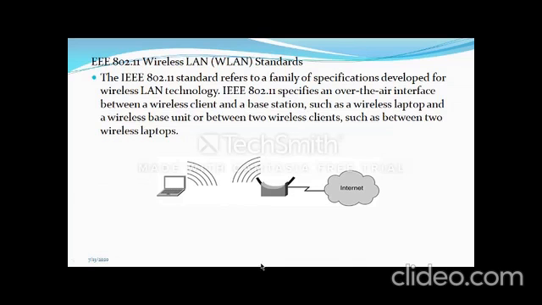It refers to a family of specifications developed for wireless LAN technology. It specifies an over-the-air interface between the wireless device and the base station.